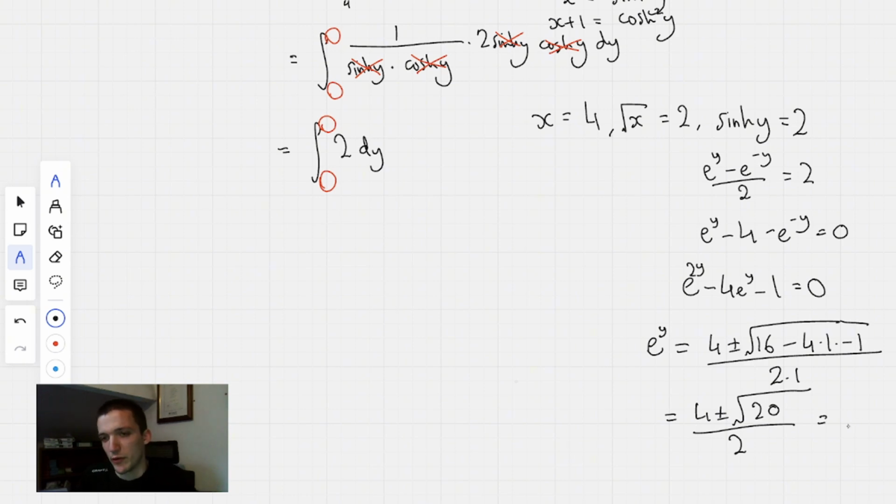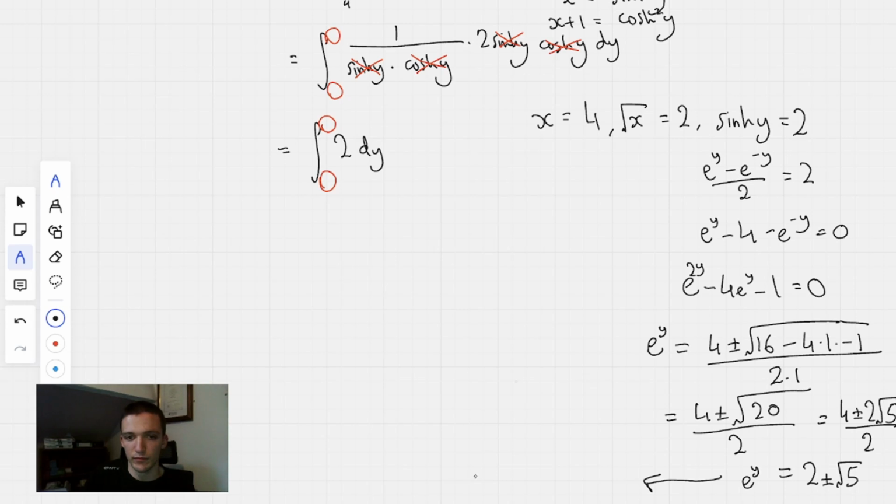The square root of 20 is 4 times 5, so square root of 4 is 2 times root 5. That's going to be 4 plus or minus 2 root 5 over 2, which is 2 plus or minus root 5. So this is e to the y.